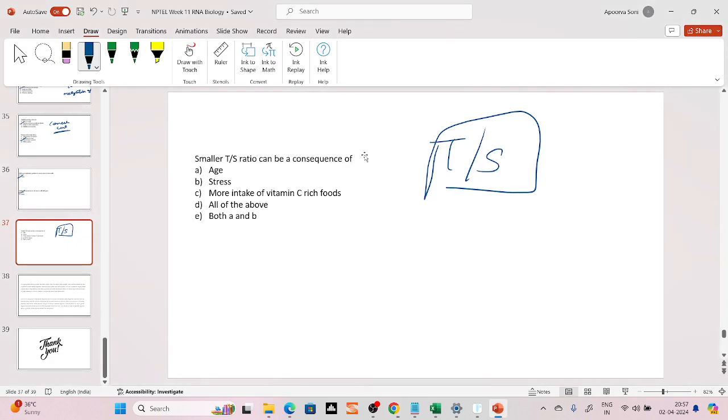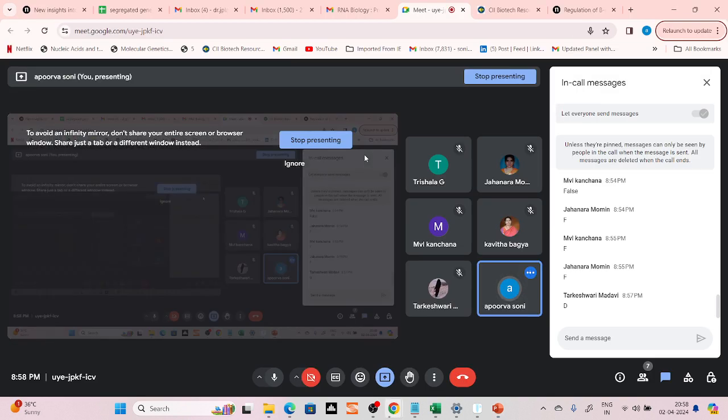So Madhavi, why do you think it is all of the above? If you take more vitamin C rich food, then your T by S ratio would be less or more? Tell me. If you have more vitamin C rich food, that means it is helping you.